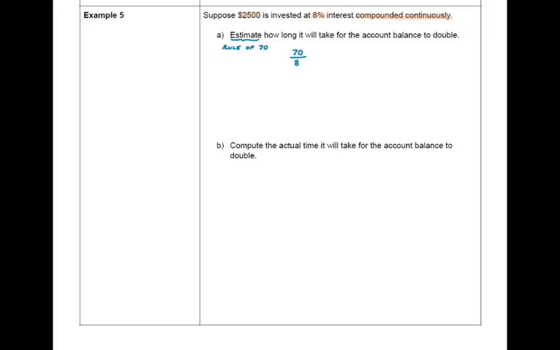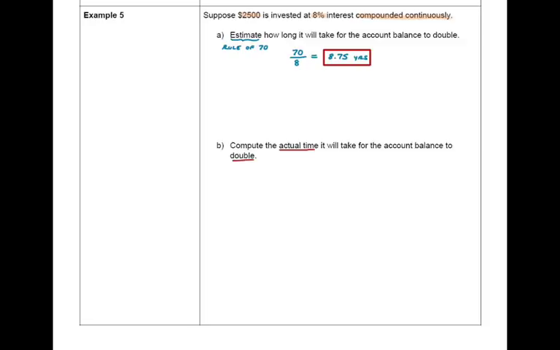So 70 over 8, you should be able to come up with that without a calculator. 8 goes into 70 8 times with 6 left over, so you get 8.75 years. So without a calculator, you get an idea that it would take almost 9 years for your money to double if you invested it at 8%.